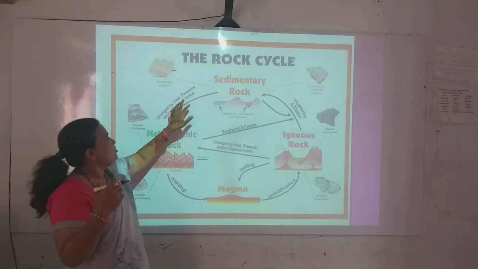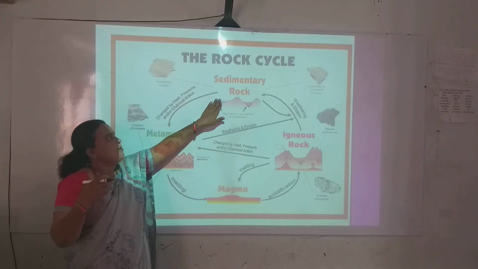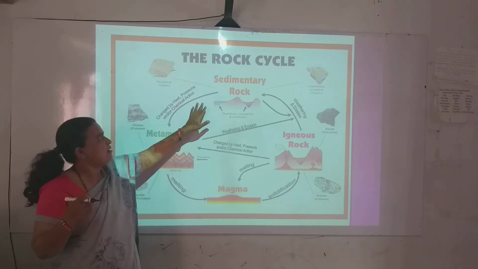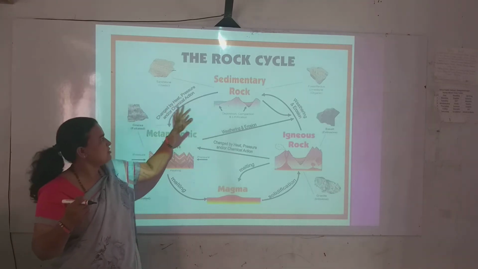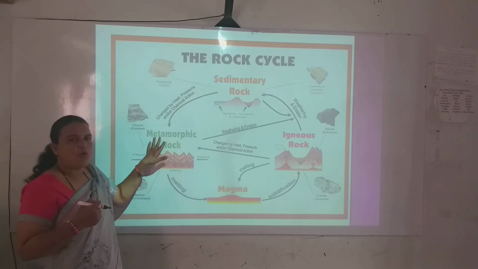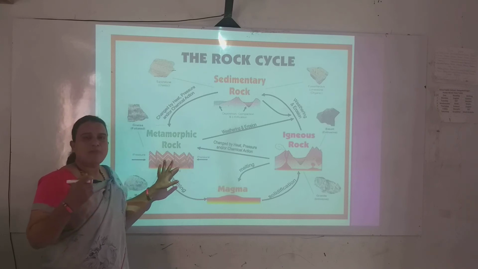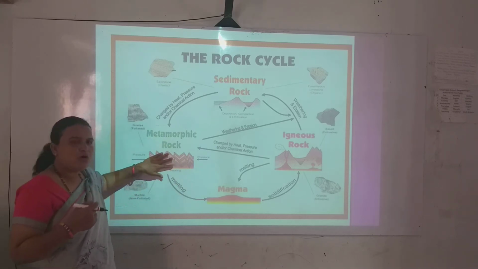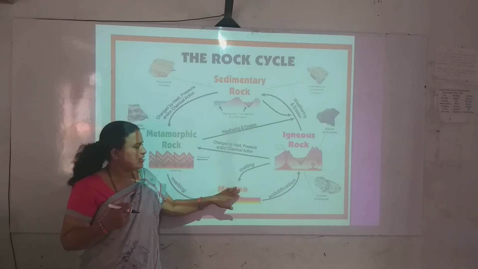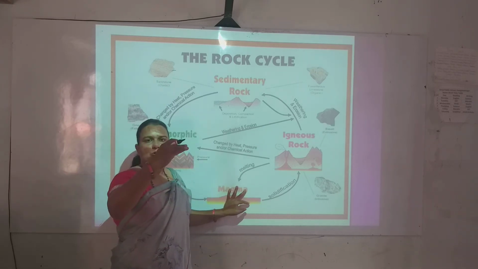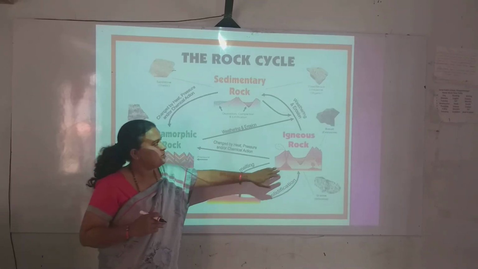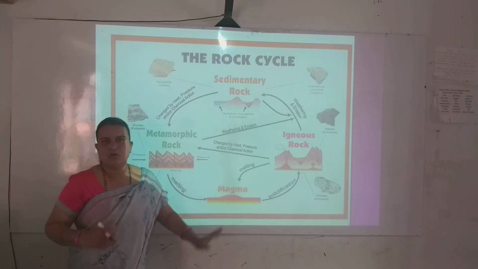Sedimentary rock, due to the change of heat and pressure as well as some chemical action, forms metamorphic rocks. Then metamorphic rocks, due to heat and a lot of pressure, melt and magma is formed. Again this magma erupts on the surface and igneous rocks are formed. So the rock cycle goes on.